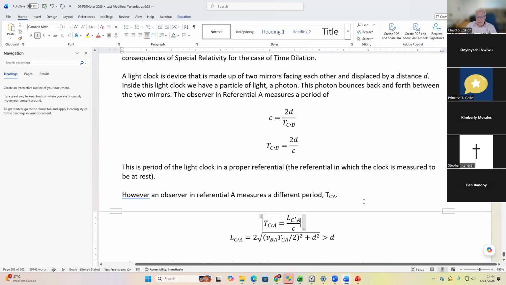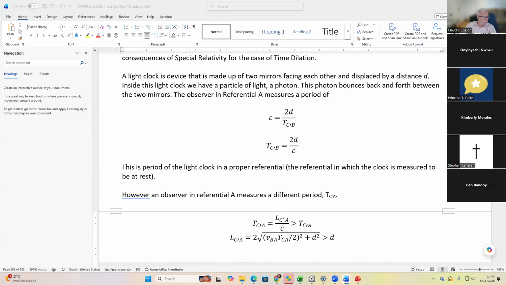Okay, so here we go. T C prime with respect to A is greater than T C as measured by B. Don't forget C prime.